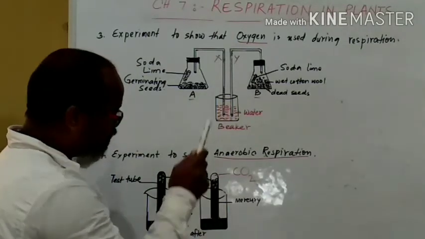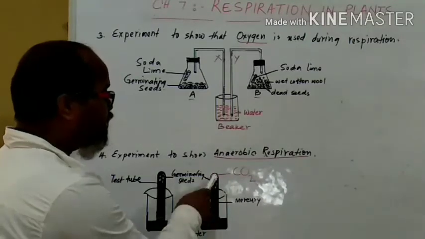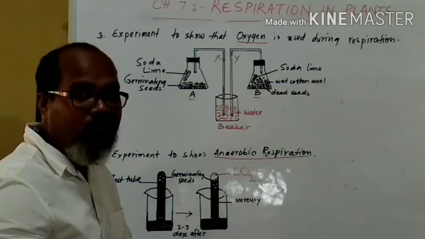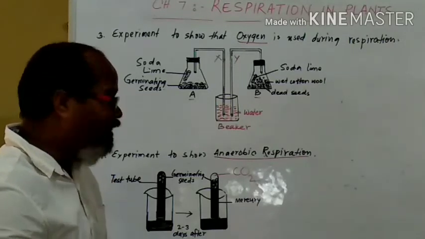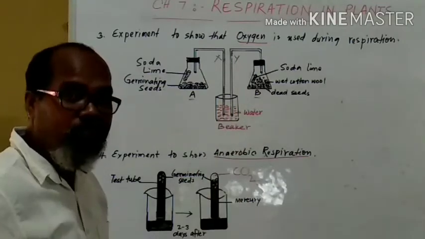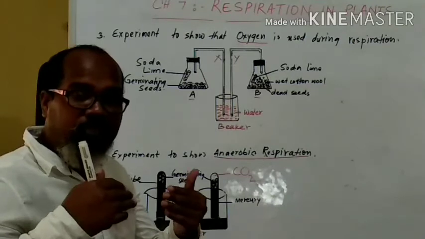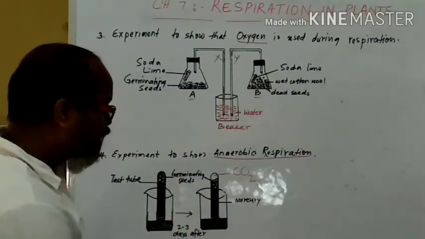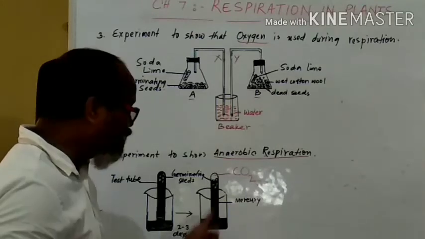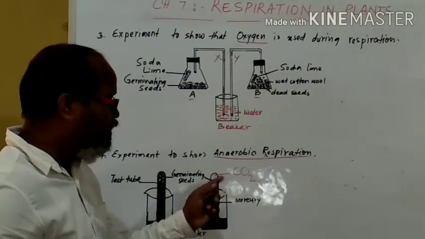Now at the top of the test tube, you see a space, and that space is filled with gas, and that gas is called carbon dioxide. Why? These seeds are respiring. During respiration, carbon dioxide is produced, and that carbon dioxide is getting collected at the top of the test tube, in the space.